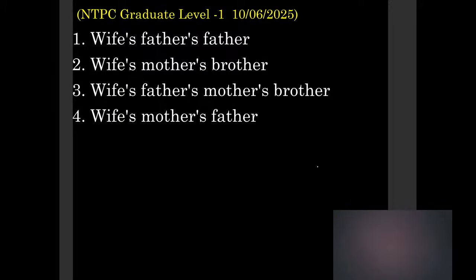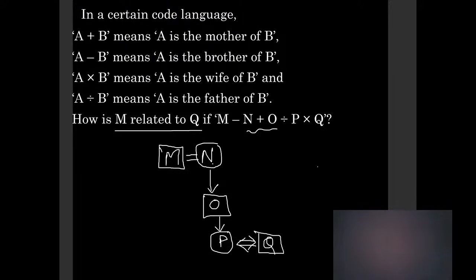Okay, let us check what can be the answer from the diagram. Whenever you have questions like this, you should check from the second person's point of view. Here the second person is Q, so check from Q's point of view to M. What is the link between Q and M?